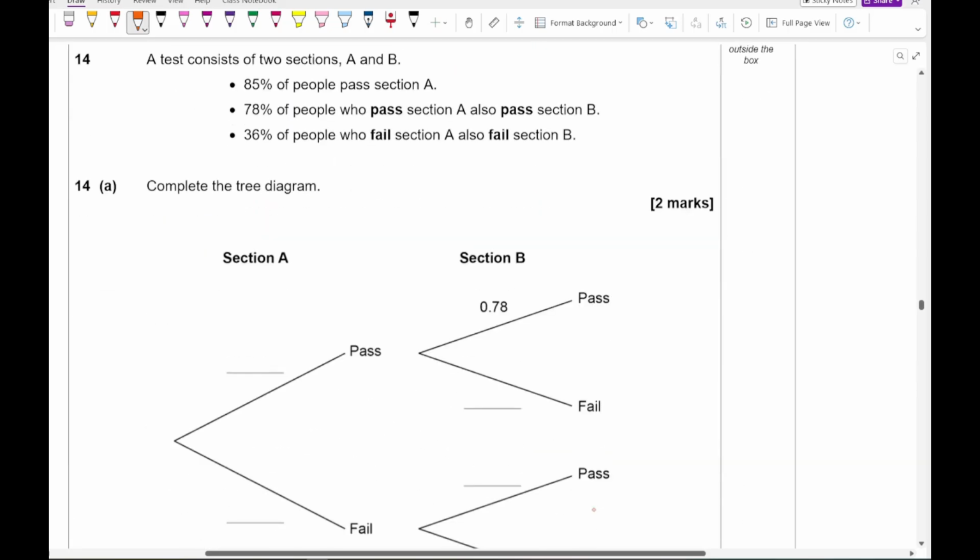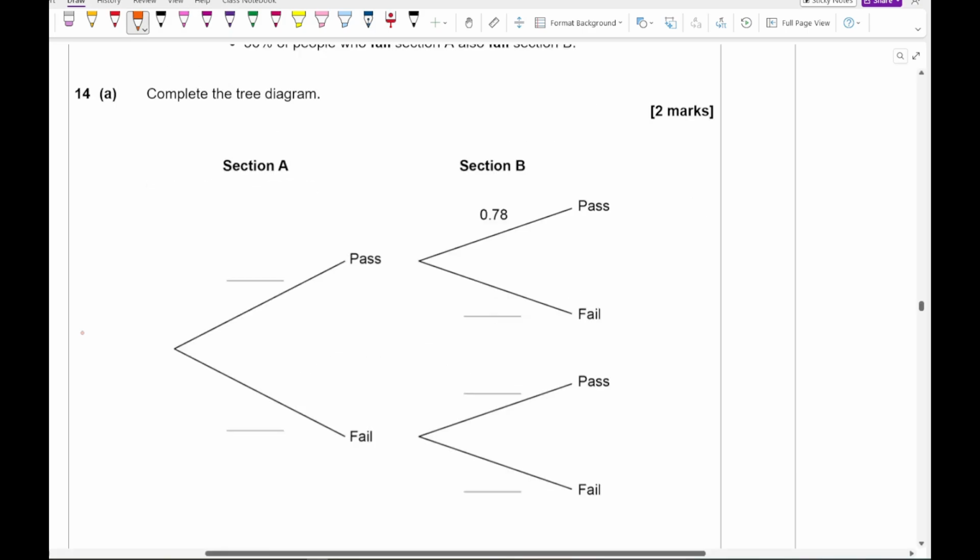Moving on to question 14, it says a test consists of 2 sections, A and B. 85% of people pass section A, 78% of people who pass section A also pass section B, and 36% of people who fail section A will also fail section B. And it says complete the tree diagram. So for this, section A pass is 0.85. For a section A fail, that's therefore going to be 0.15.